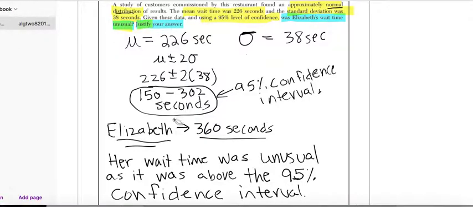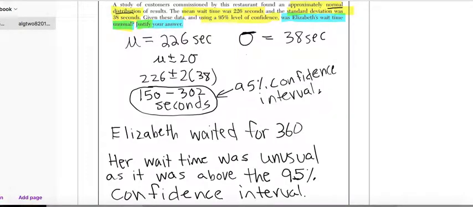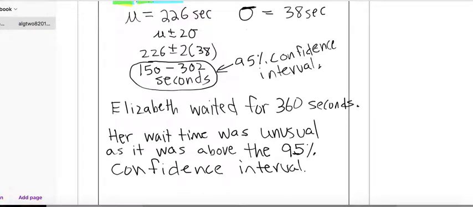And let's just make this a complete sentence, so as part of our justification. Elizabeth waited for 360 seconds. Okay, so we gave a complete response, all right?